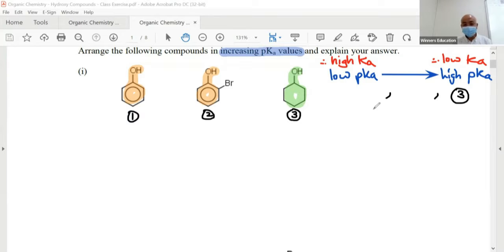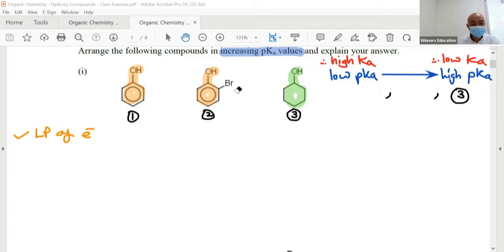Next is to compare 1 and 2. All right, but now we need to write a statement out first, right? So let's write it out. So what I'll write is orange color. Okay, let's see. So I will say that in the phenoxide ion, what happened is the lone pair of electrons can delocalize. The lone pair electron on where?